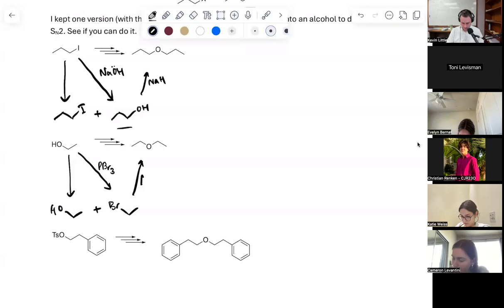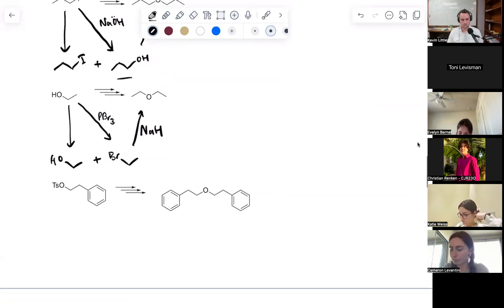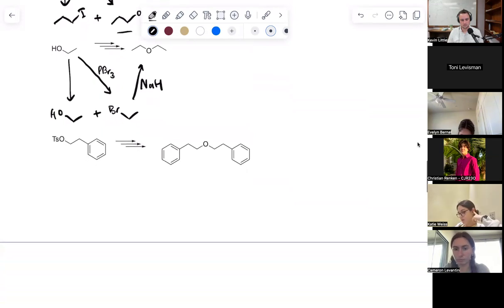But if I add them together with sodium hydride, I can get to that product. See if you can do this one.